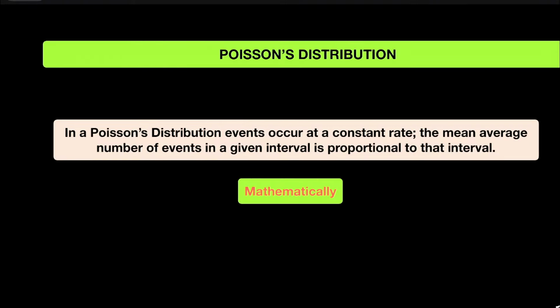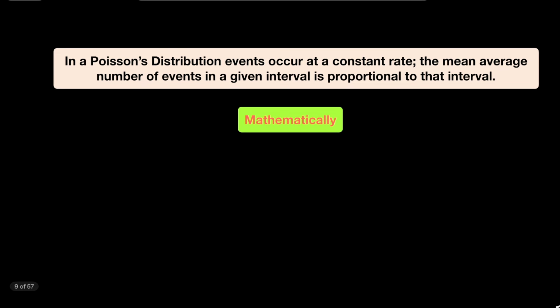Poisson distribution. In a Poisson distribution, events occur at a constant rate. The mean, the average number of events in a given interval, is proportional to that. Let's understand what this expression means mathematically. So let's take a situation.